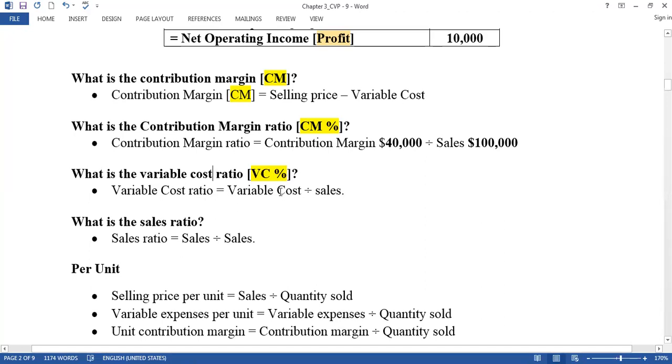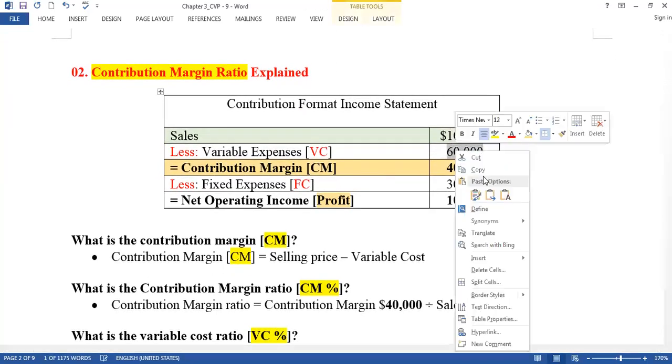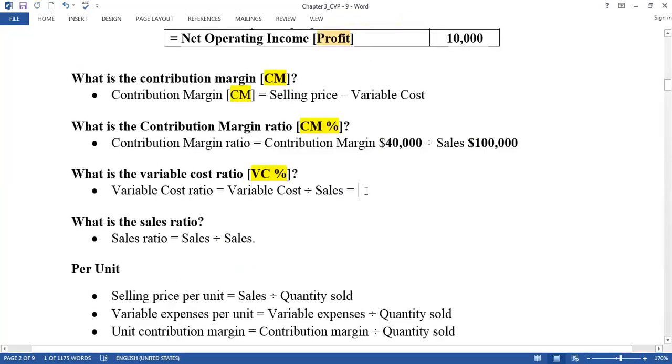So variable cost ratio equals variable cost divided by sales. Here variable cost is $60,000, divided by sales of $100,000. By applying this formula, you can calculate the variable cost ratio.